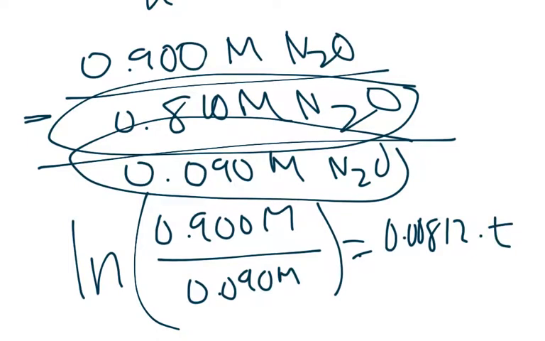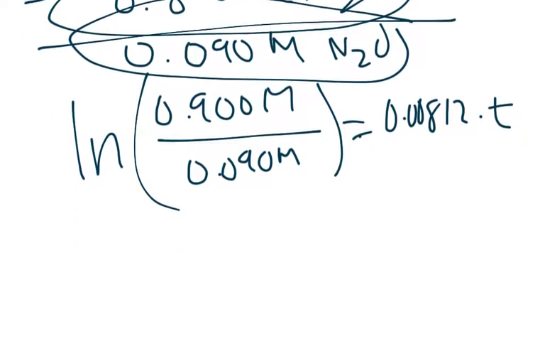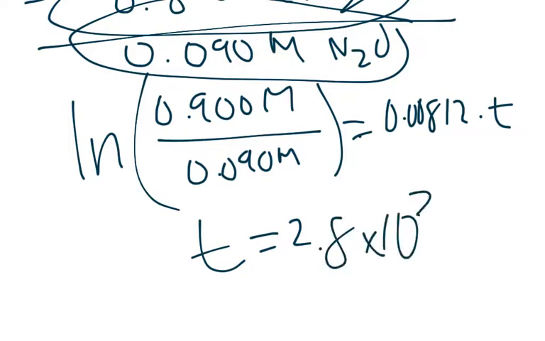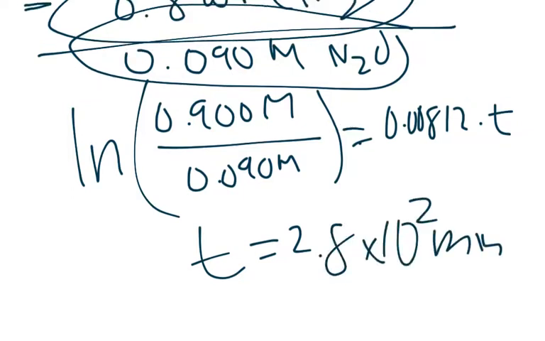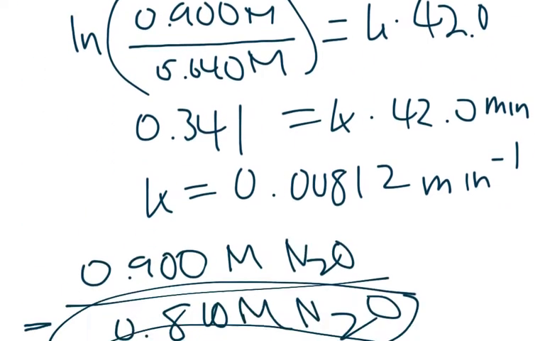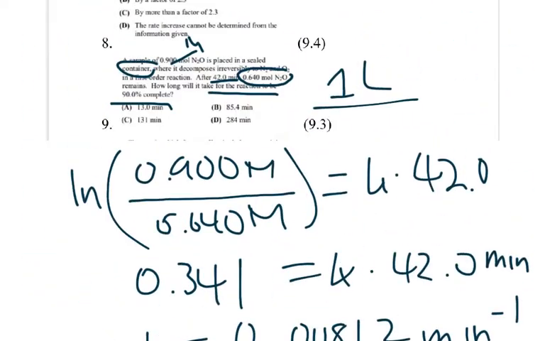And doing the math, the natural log of 0.9 divided by 0.09, and we have to divide by 0.00812, and we get that the amount of time it takes for all this to happen is going to be 2.8 times 10 to the second minutes. And is there an answer for that? Well, 2.8 is around 280, and 284 is pretty close because we kind of rounded, so D is our answer.